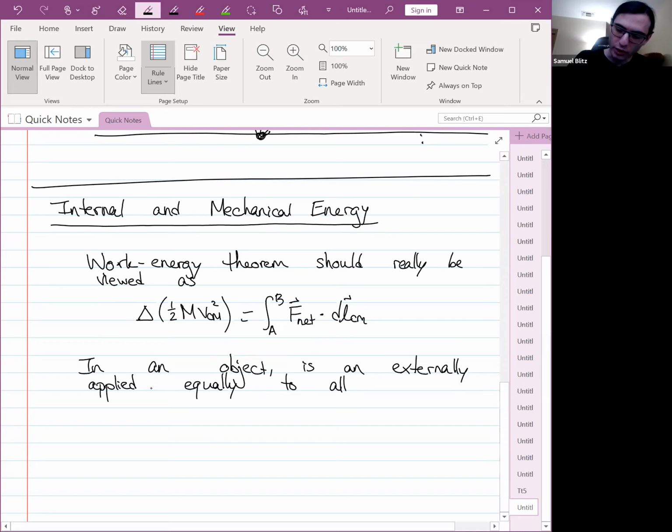In an object, is an externally applied force equally applied to all of the parts that make up the object?